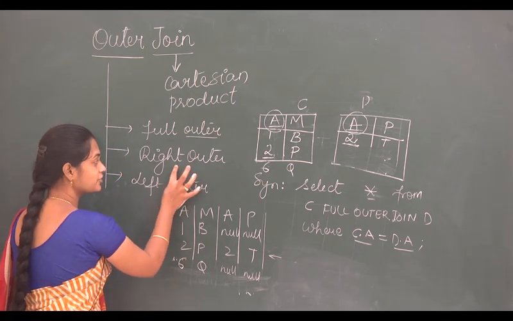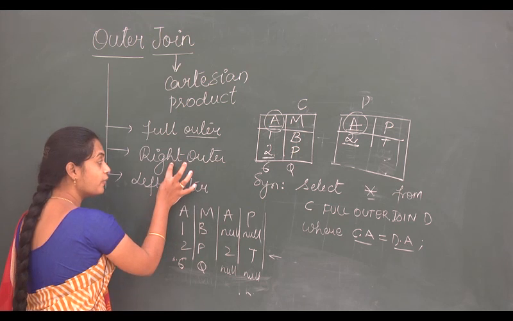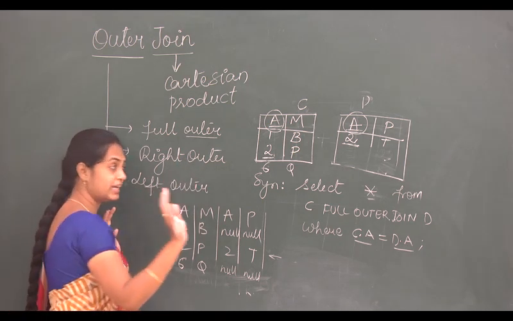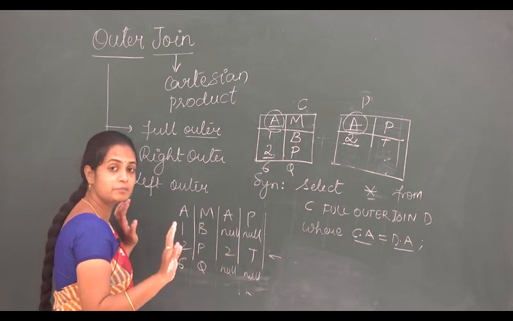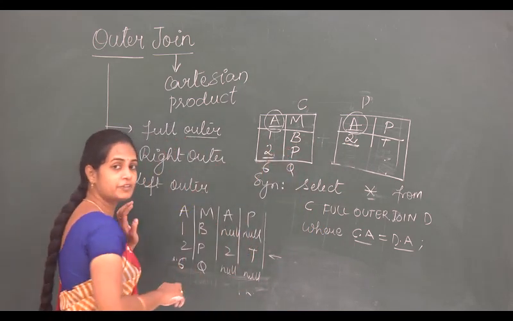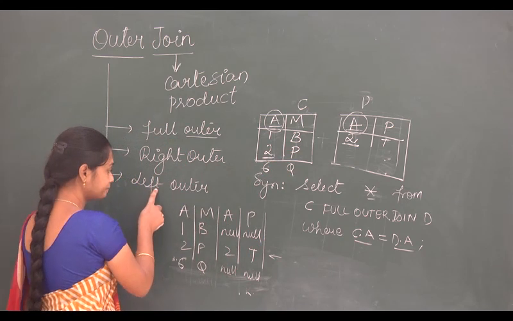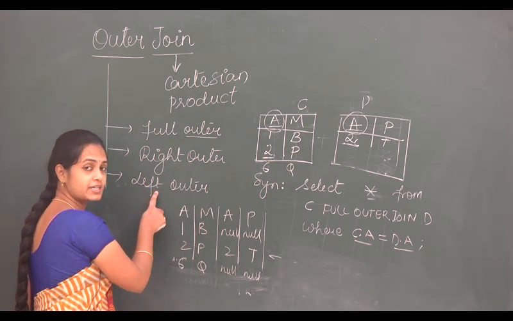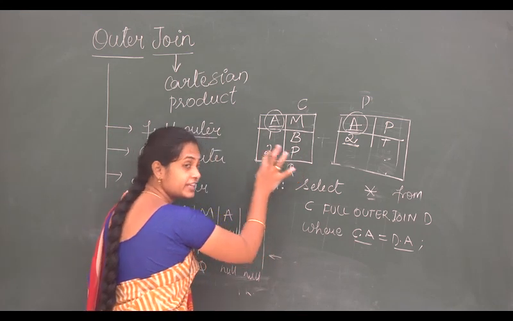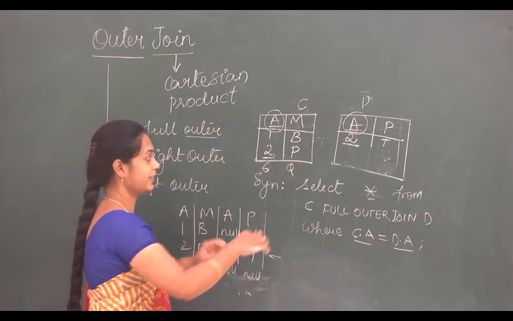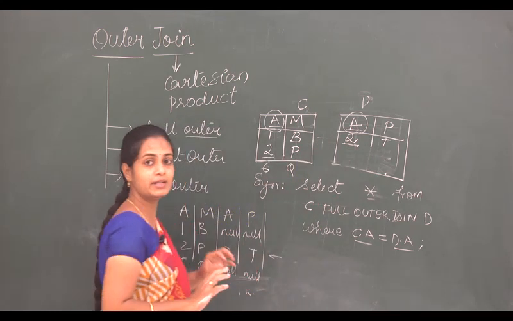But right outer join will preserve the data in the right table. It will not preserve the data in the left table. At the same time, left outer join will preserve the data in the left table and leave the right table as it is.